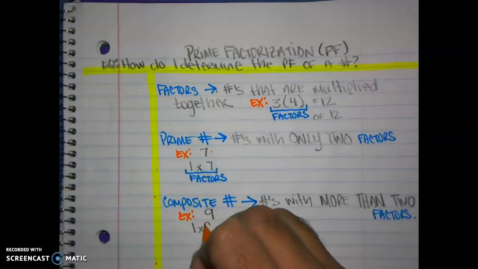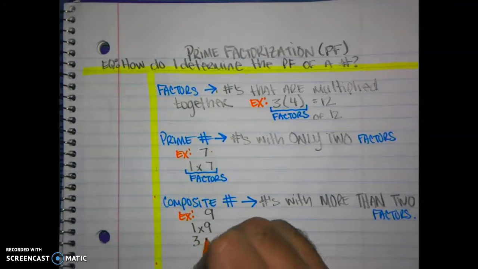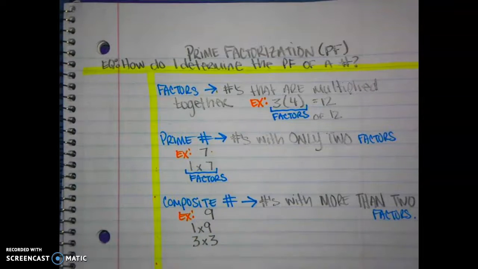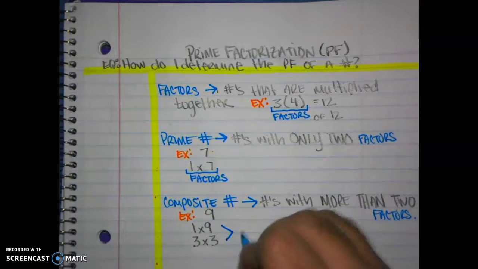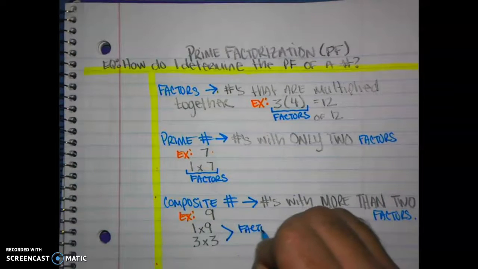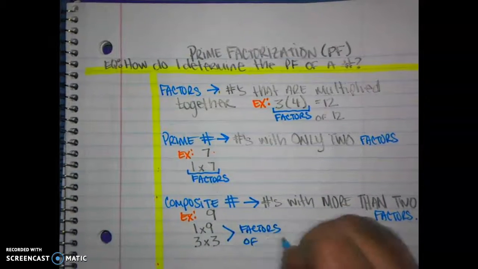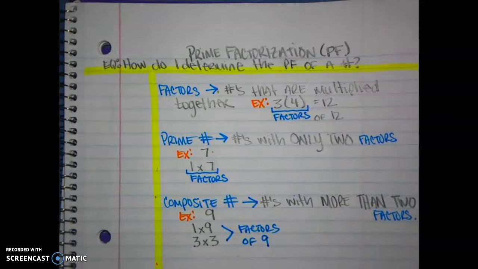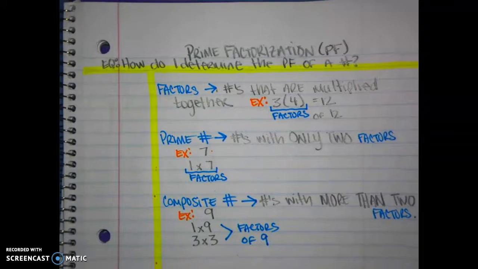We have 1 times 9, and we also have 3 times 3. So these are the factors of 9. All right, so you got to be careful. A prime number has only 2 factors, 1 and the number itself, whereas a composite number is going to have more than 2 factors. So just like in the 2 examples that we have there.